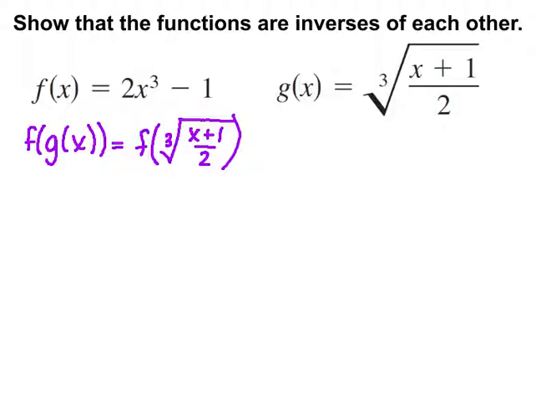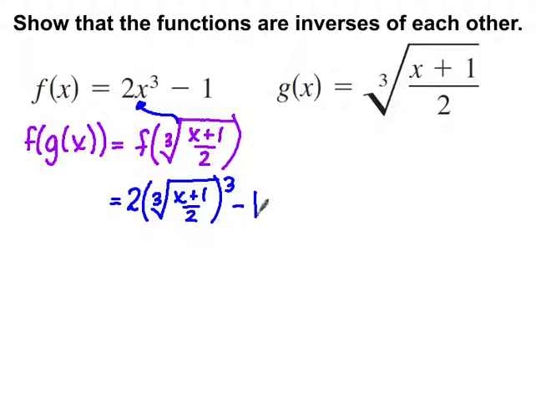Now I'm going to take this function right here and plug it in here for x. So what this says I do is take 2 times whatever x is. In this case, x is the cube root of (x plus 1) over 2. I'm going to cube it and subtract 1.